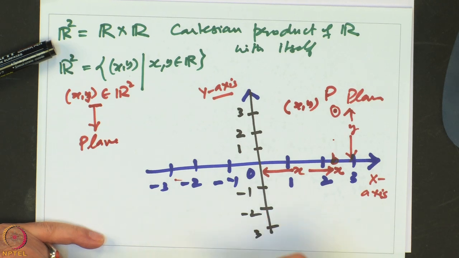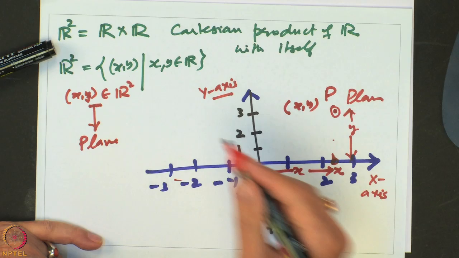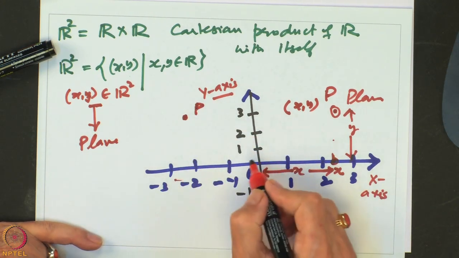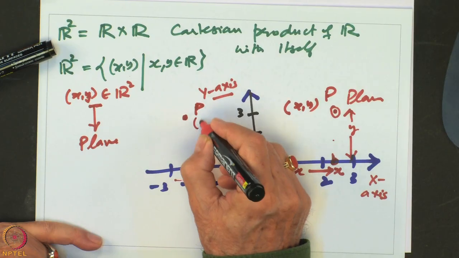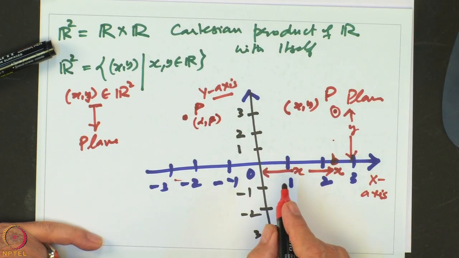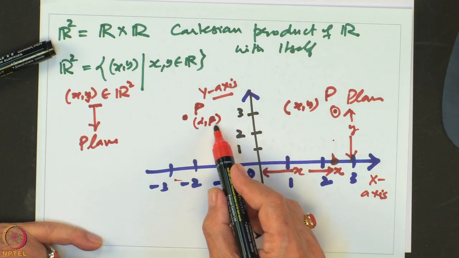This map is a correspondence actually. Why is it a correspondence? Now, suppose I am given any point P, it has got coordinates alpha, beta, say. What does that mean?